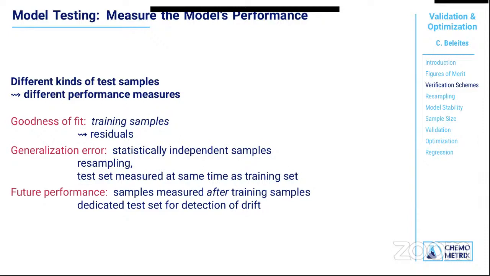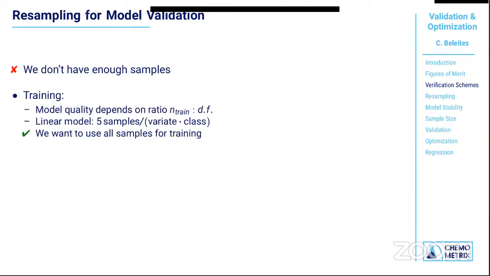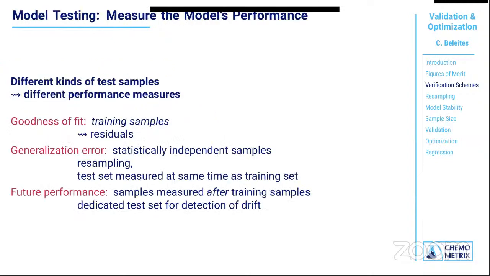But possibly our measurement system has a drift. So it may be important to measure how long in the future we can use our model, and when we need to gather new training data in order to maintain our model.